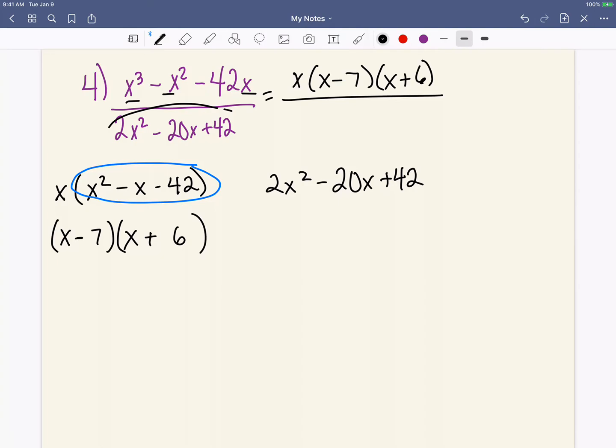If you want to do the shortcut, the greatest common factor in this entire problem is actually 2. So I can separate a 2 immediately, right? And that's going to give me x squared minus 20 divided by 2 is going to be 10. And 42 divided by 2 is 21.